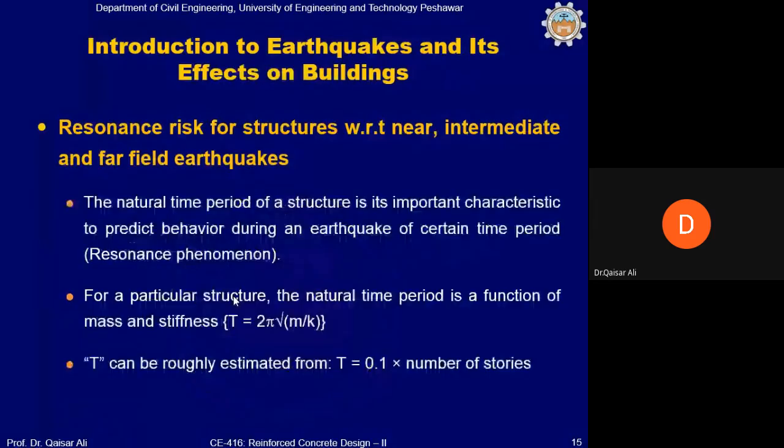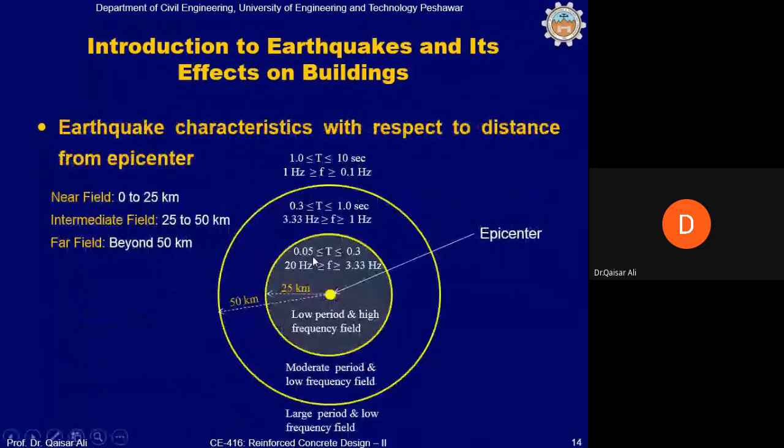So within the near field, you would have seen on slide number 14 the range of the time period for the earthquake waves. You know that earthquake waves are random in nature. They do not have one time period or one frequency like sinusoidal waves or other functional waves, but they actually have a range of frequencies and a range of time periods.